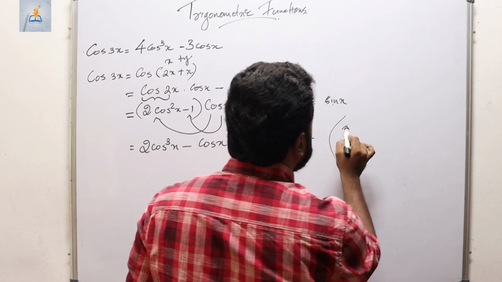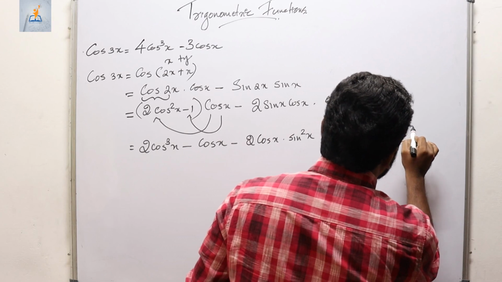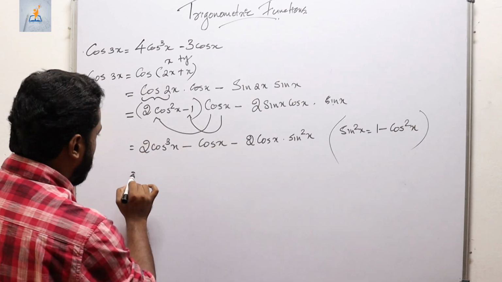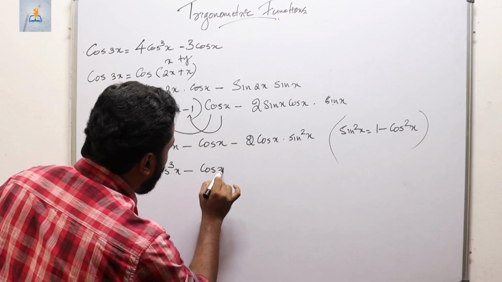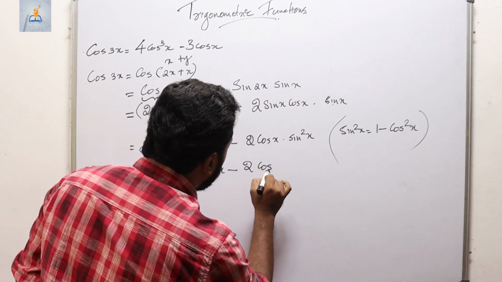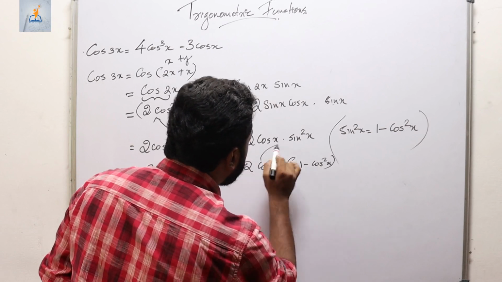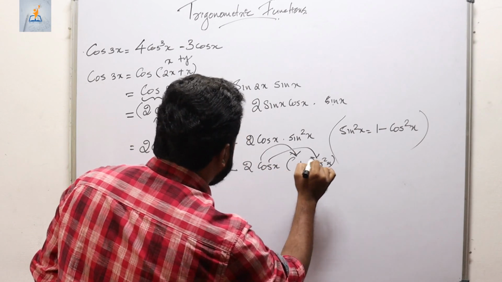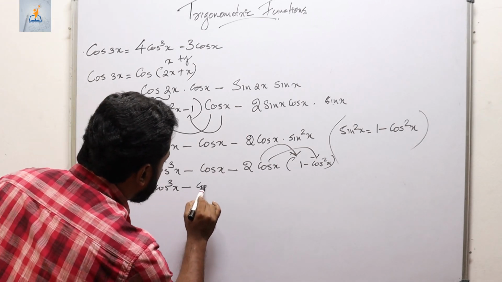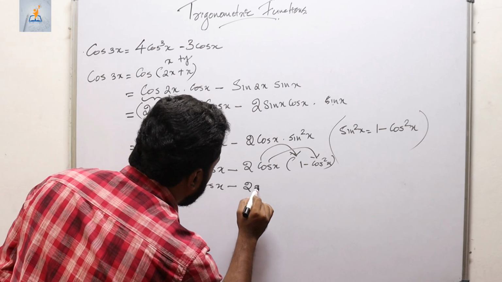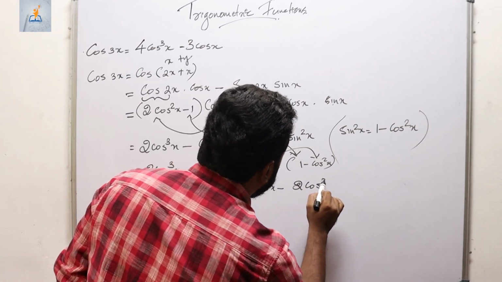Now we know that sin square x is equal to 1 minus cos square x. Therefore it will become 2 cos cube x minus cos x minus 2 cos x into 1 minus cos square x. Now again we can operate this bracket. It will become 2 cos cube x minus cos x minus 2 cos x minus 2 cos cube x.